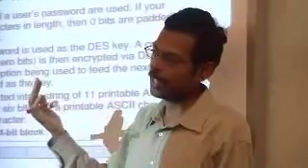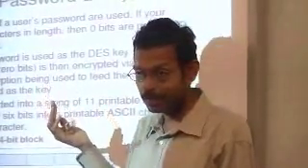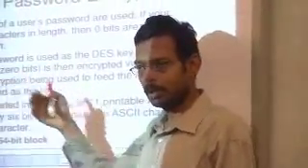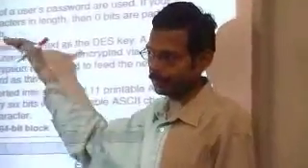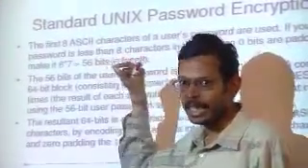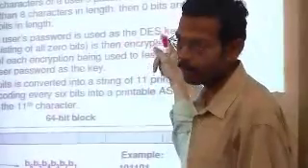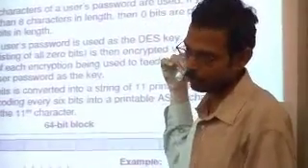So if you have a password of just 6 characters, you will add a sufficient number of zeros so that you can make it 56 bits. And this 56-bit password forms the key for what is called the DES algorithm. So we use the DES algorithm to encrypt that user password. Okay? You know how DES works, right?